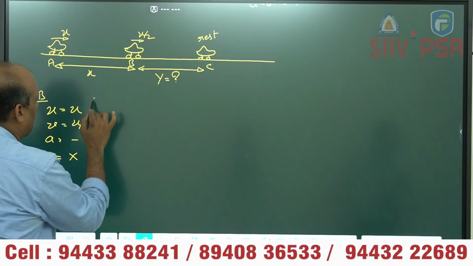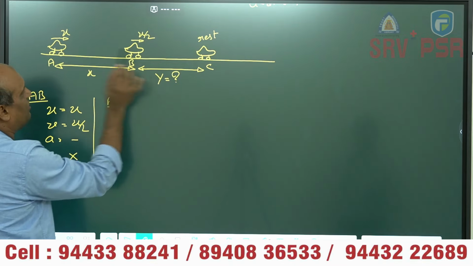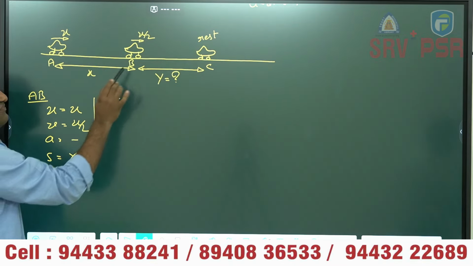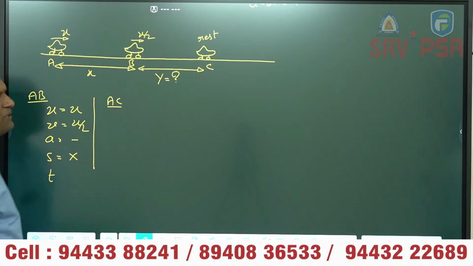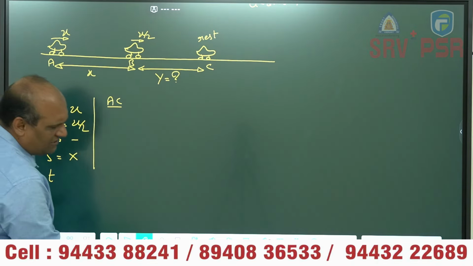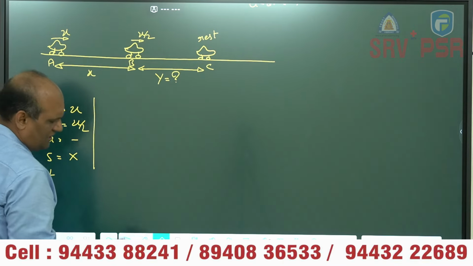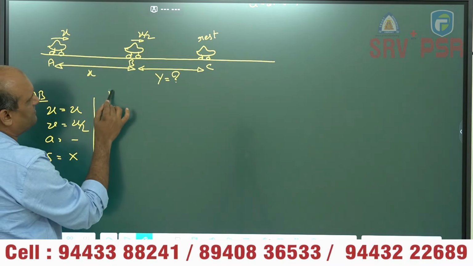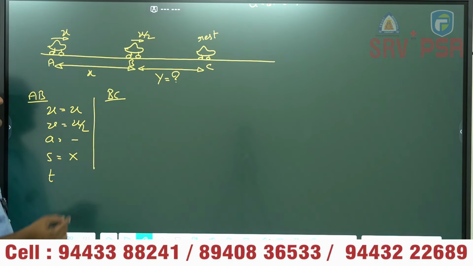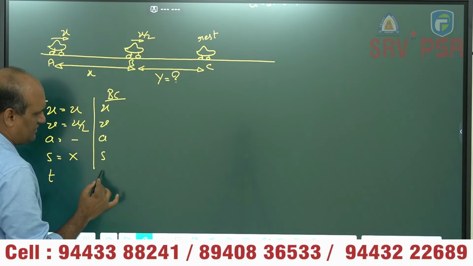And if I take again the part of AC, see I can take either BC or AC because I know the initial speed. For BC, initial speed is U by 2. For AC, the initial speed is U. So I am taking BC part, or you can take AC, no issues. BC, UV, AST.